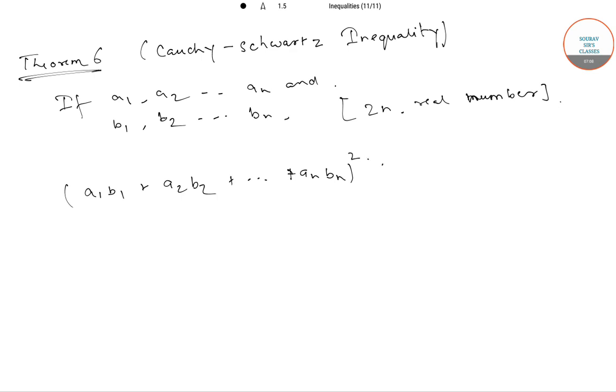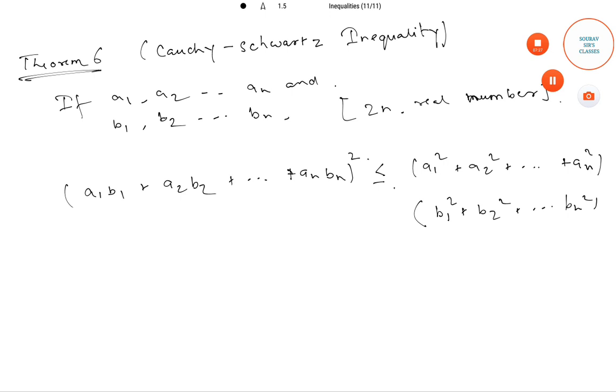would be less than or equal to (a1 square plus a2 square plus so on till plus an square) into (b1 square plus b2 square plus so on till bn square).